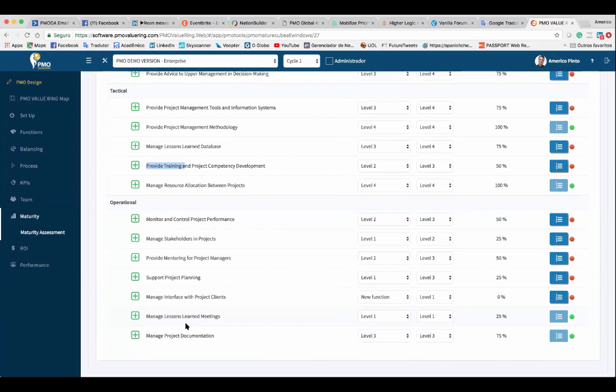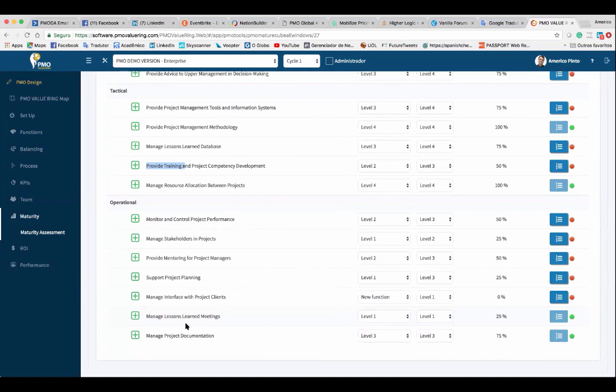So that's the idea. Operational will focus on one project. Tactical will focus on our set of projects. And strategic focuses on the upper level management or on strategic aspects, strategic issues.